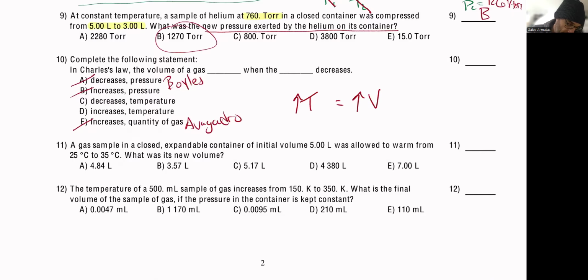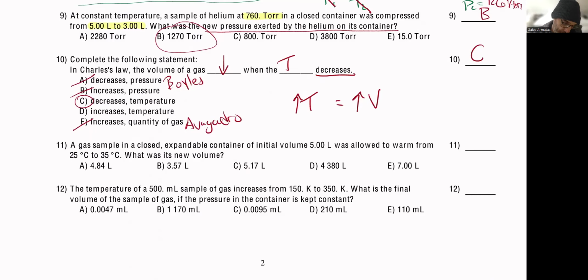So if the volume of a gas decreases when the temperature decreases, the volume of the gas should also decrease. So Charles' law is going to be temperature versus volume.